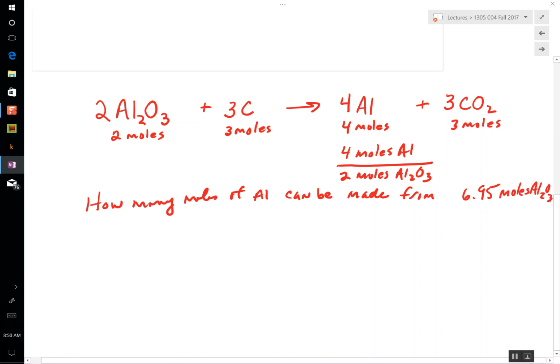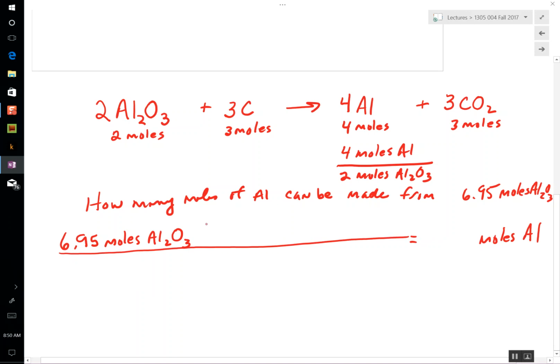Remember that? A problem like that? 6.95 moles of aluminum oxide equals how many moles of aluminum? So I want to convert moles of aluminum oxide into moles of aluminum.